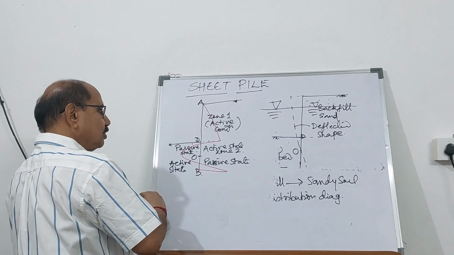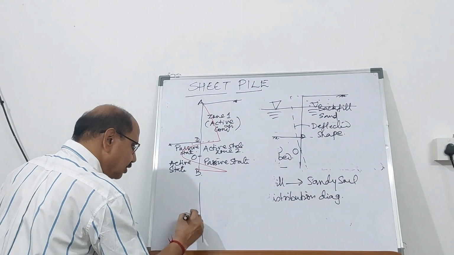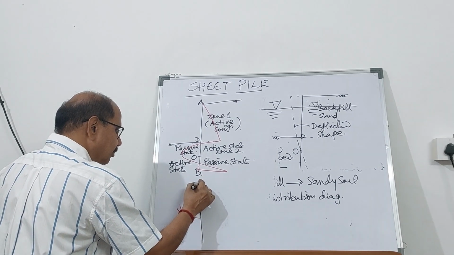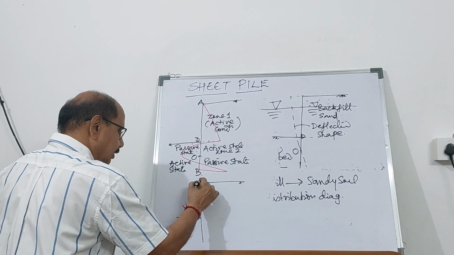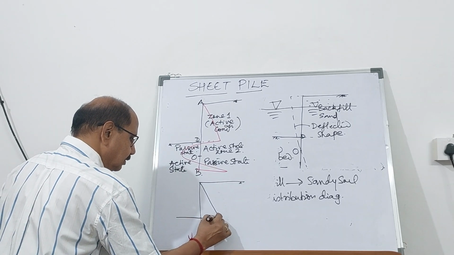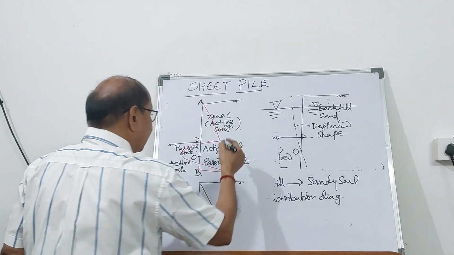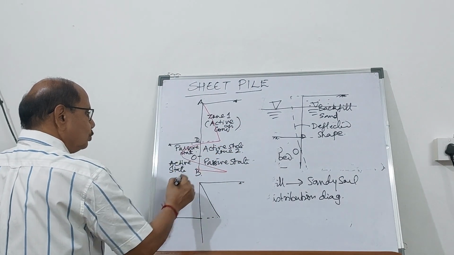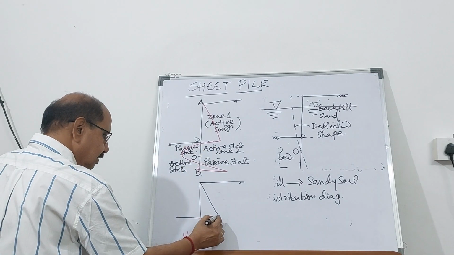So the pressure distribution diagram, if you draw it in a cantilever sheet pile, this is the dredge line, it will be the backfill, it is going to be active, this is zone 1 in active condition. Here it is going to be a mixed condition in zone 2. It is active and this side it is passive.